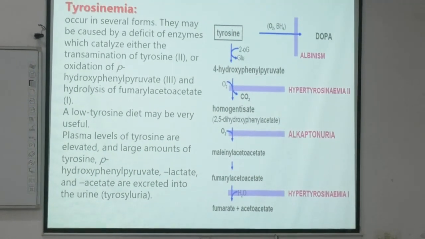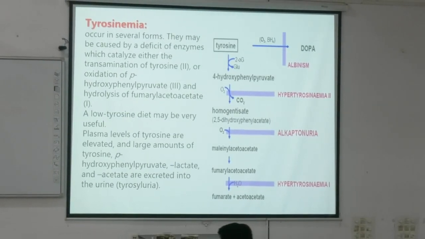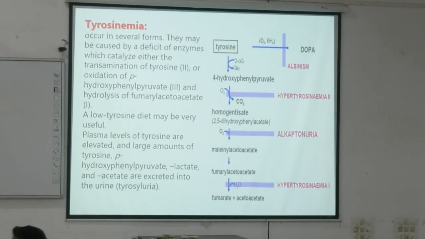What happens is there is an increased amount of tyrosine levels in the body, and that will give hydroxyphenylpyruvate, lactate and acetate deposition in your body, and increased excretion of tyrosine in your urine, that is called tyrosyluria. So with this we have traversed the long and difficult road of aromatic amino acids.